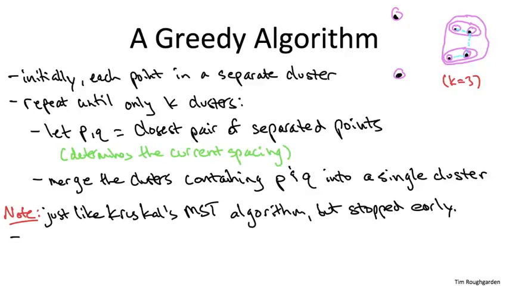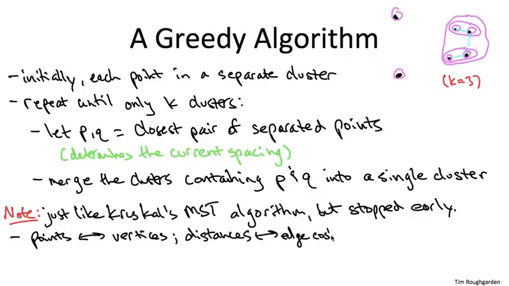Well, the objects in the clustering problem, that is the points, those correspond to vertices in a graph. The other part of the input of the clustering problem are distances, which are given for every pair of points. So those play the role that edge costs were playing in the minimum spanning tree problem. Since we have a distance or an edge cost for every single pair of points, we can think of the edge set in the clustering problem as being the complete graph, because we have an edge cost or a distance for every single pair.